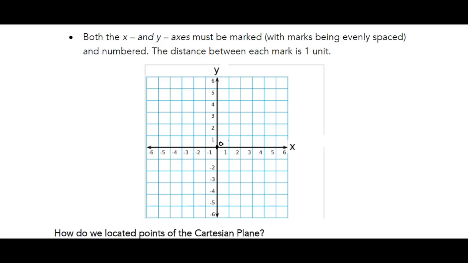We call this point the origin of the Cartesian plane. Then we have the positive values for x, the positive values for y, the negative values for x on the left hand side of the origin, and the negative values for y on the bottom of the origin.